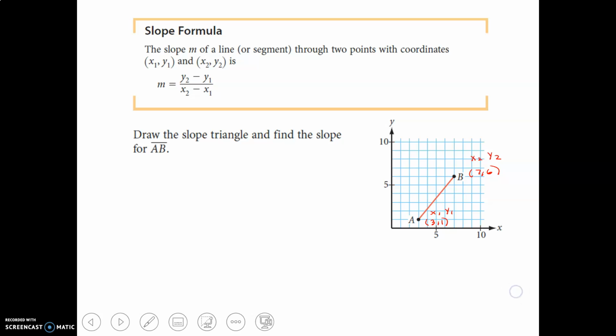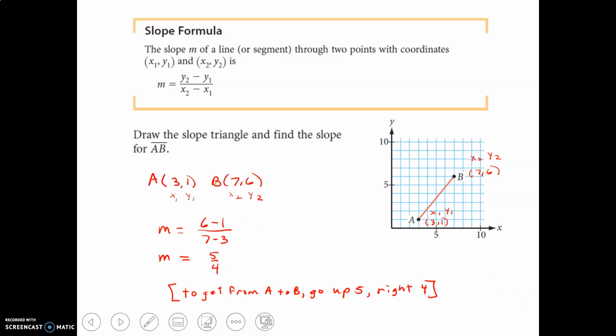If I want to find the slope, it would be y sub 2, which is 6, minus y sub 1, which is 1. And the x's: x sub 2 is 7, minus x sub 1 is 3. So the top becomes a 5, on the bottom 7 minus 3 is a 4, so the slope of this line is 5/4. That means it's a rise of 5 and a run of 4.